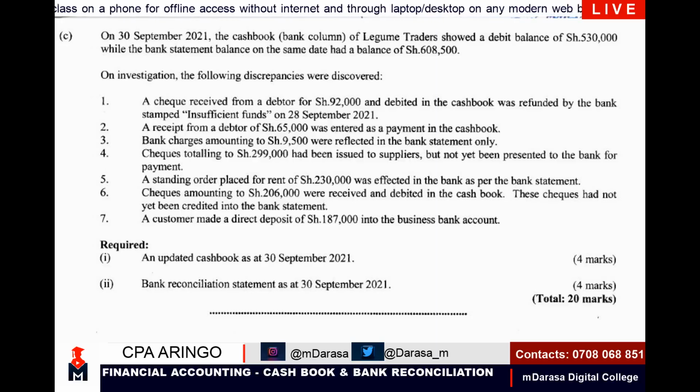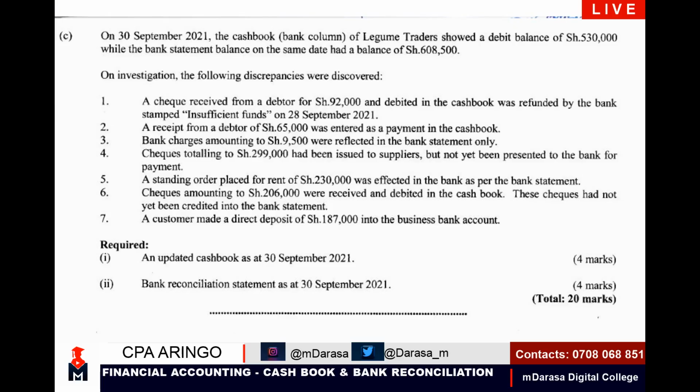At the same time, we are going to record cancellation of that payment, as well as receiving the correct amount. Note 3, bank charges amounting to 9,500 were reflected in the bank statement. Remember, these are transactions that appeared in our bank statement, but had not yet been recorded in our cash book. So it will be upon us to record that transaction in our cash book.